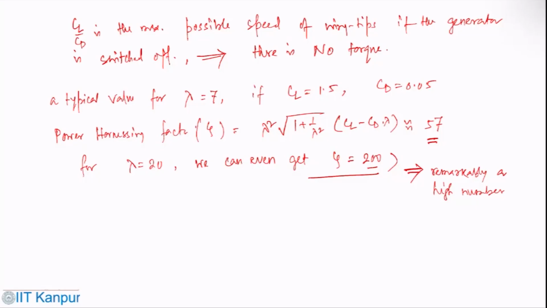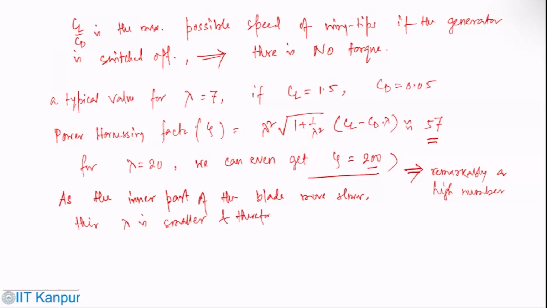What you can see is that as the inner part of the blade moves slower, their lambda is smaller, and therefore also their harnessing factor.